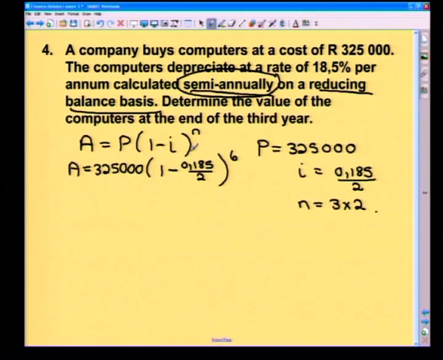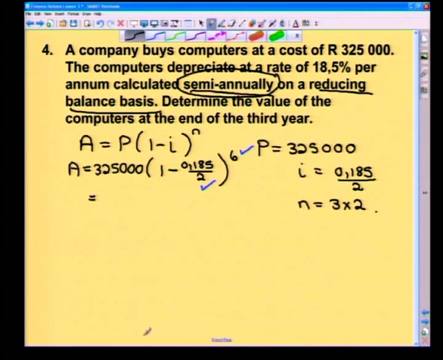Obviously, writing this formula down is not the marks, because you get given that on your formula sheet, so it's considered given and not requiring any allocation of marks. The marks come in when we start doing the actual substitution into the formula. So I personally would have ascribed a mark for that, because you knew you had to divide by 2, and a mark for that. Let's carry on with the question and see what happens.